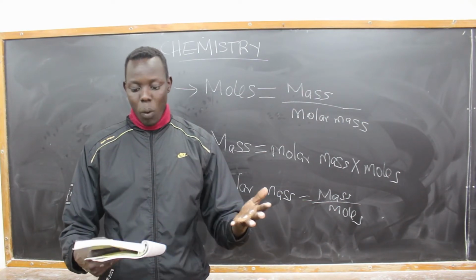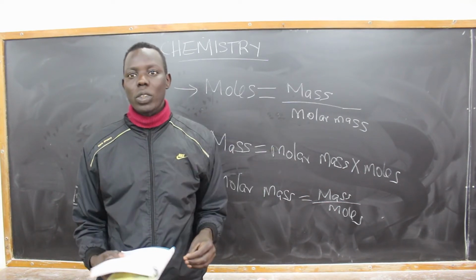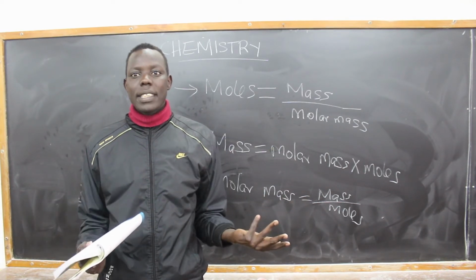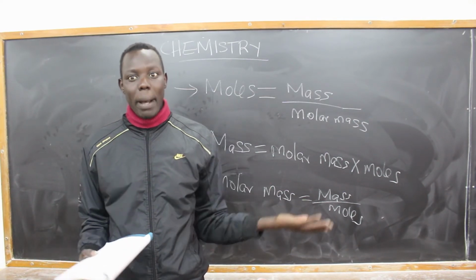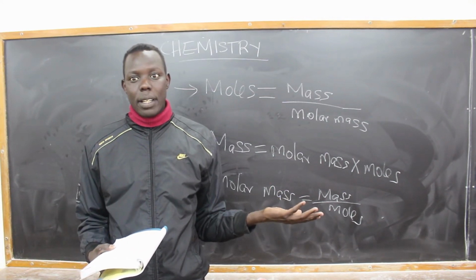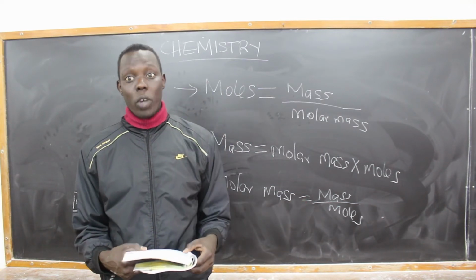Now, for the same number, they ask you about oxygen. So it will just be 16 grams of oxygen, because 16 grams is the atomic mass of oxygen for 1 atom, not for the molecule.